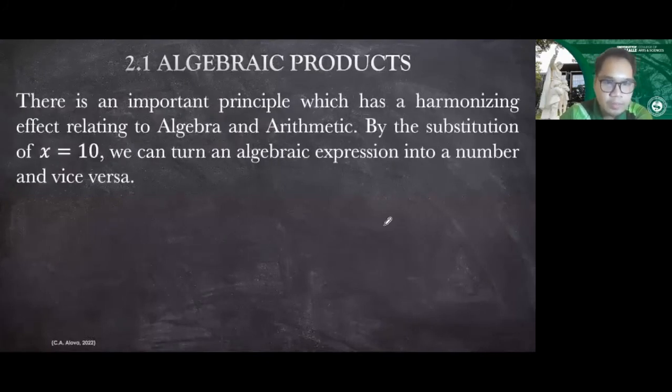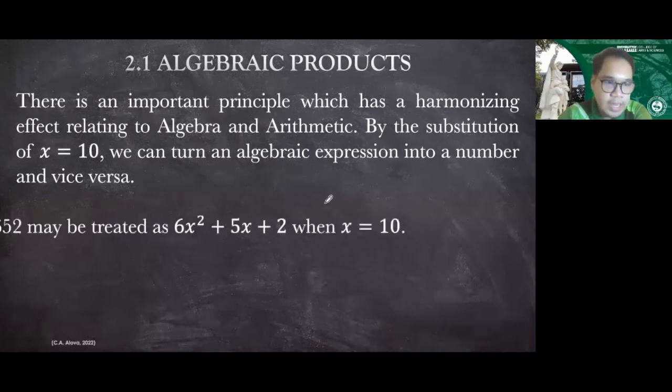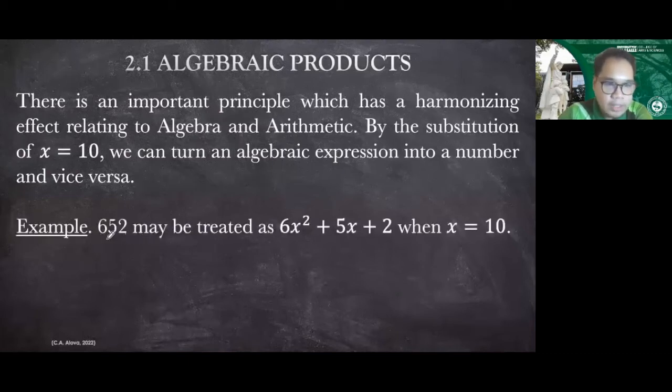There is an important principle which has a harmonizing effect relating to algebra and arithmetic. By the substitution of x equals 10, we can turn an algebraic expression into a number and a number into an algebraic expression. So for example, we may take a look at 652 and treat all the x's to be 10.